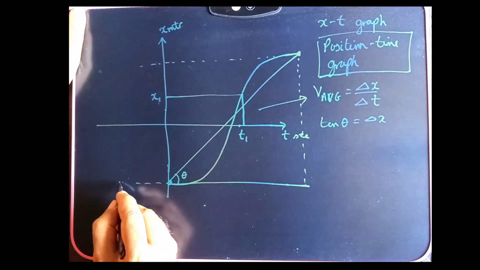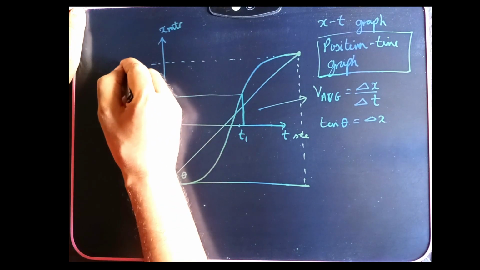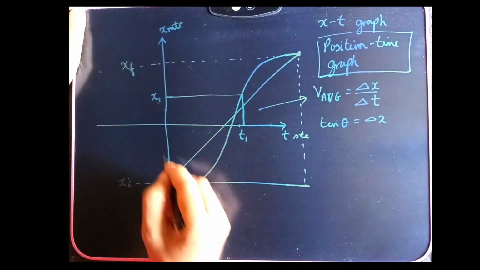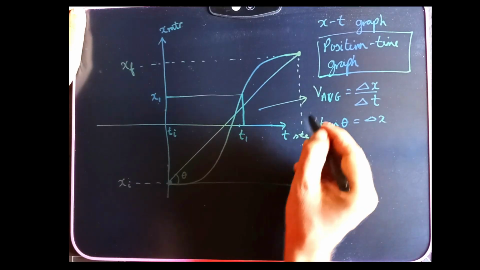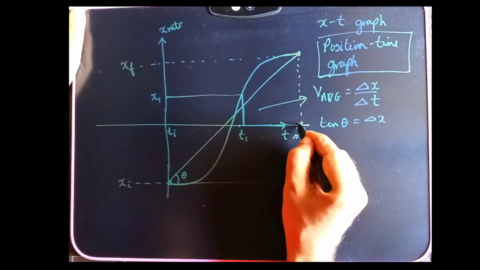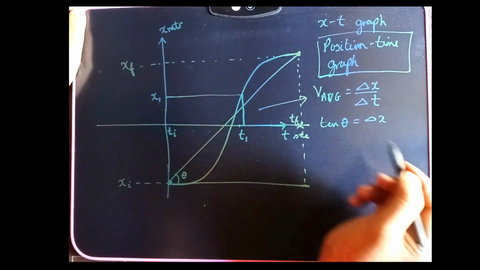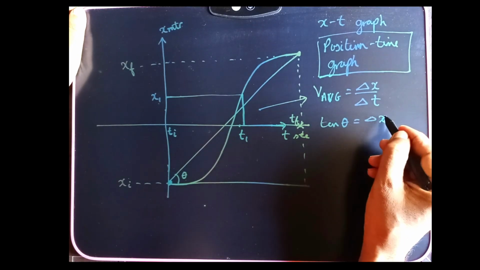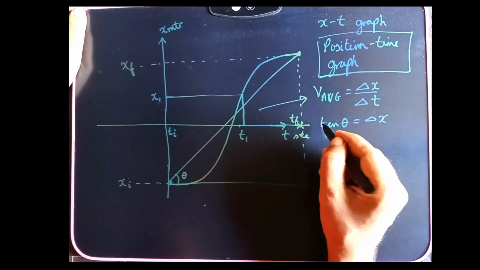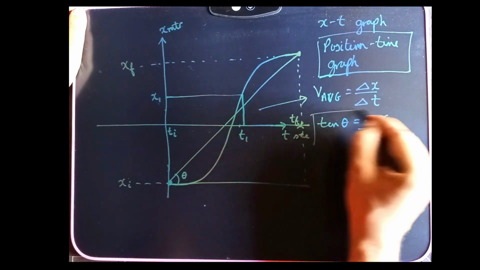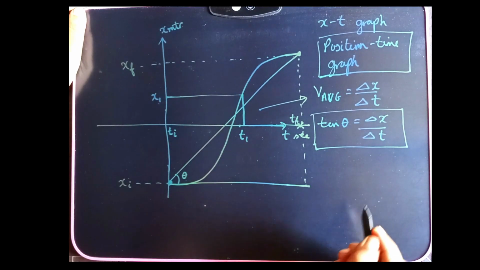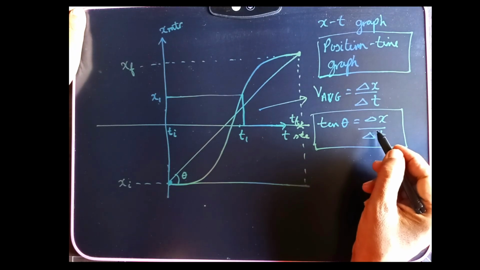If I call this the initial position xi, and this is the final position, this is t initial and this is t final. At some particular point of time, this will be t final. So I can get change in displacement from the slope of the graph itself. The slope of the graph, which is represented by tan theta, will give me the average velocity.